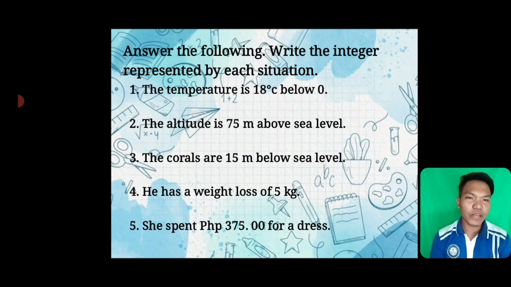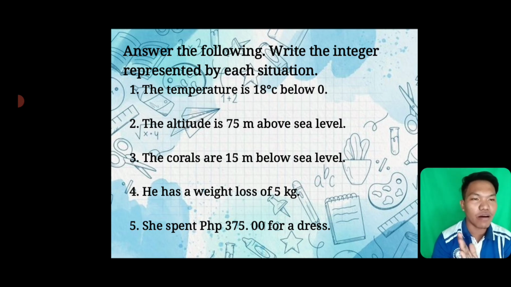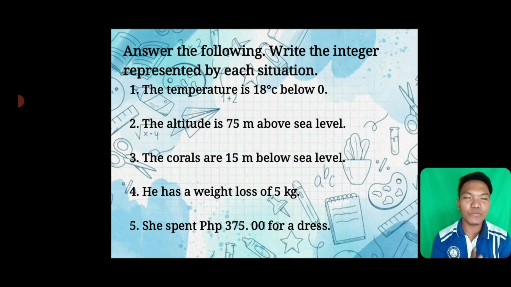And for number 2, the keyword is above, which means positive, or we're going to move to the right, while the keyword below will move to the left. So for number 3, the corals are 15 meters below sea level. So below, it is negative 15.